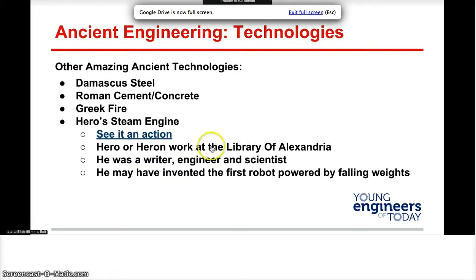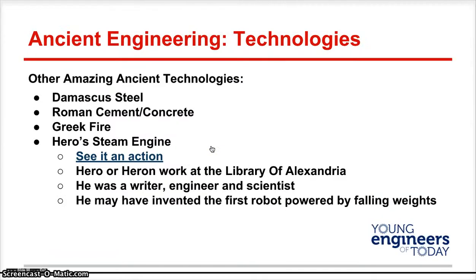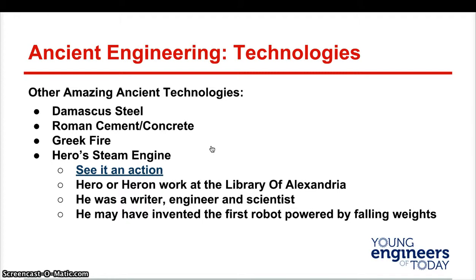All right, so Hero, or Heron, worked at the Library of Alexandria. He was a writer, engineer, and scientist, and he made a steam engine. He may have invented the first robot powered by falling weights.